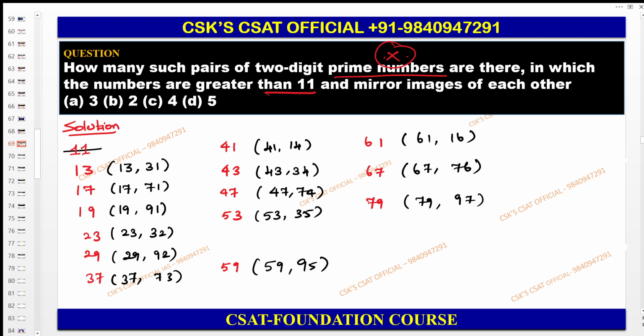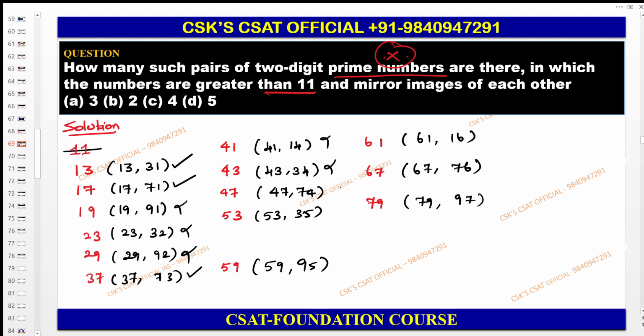Now listen carefully. Here we can say both are prime numbers. In this case also both are prime numbers. In this case 91 is not a prime number. Here 32 is not a prime number. 92 is not a prime number. In this case it is a prime number. 14 is not a prime number. 34 is also not.